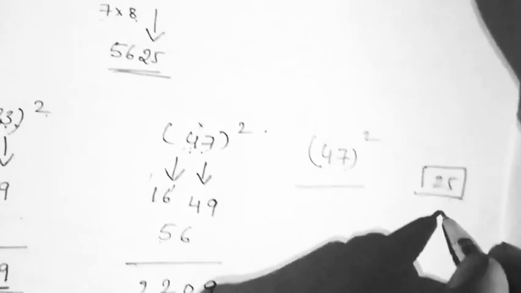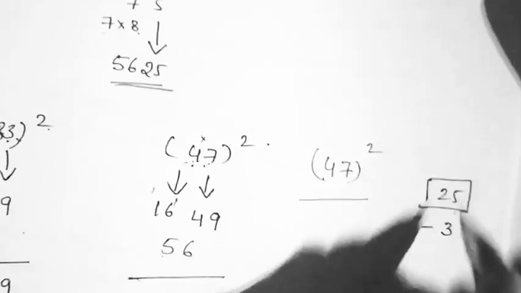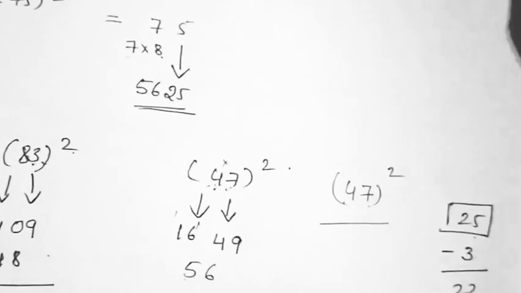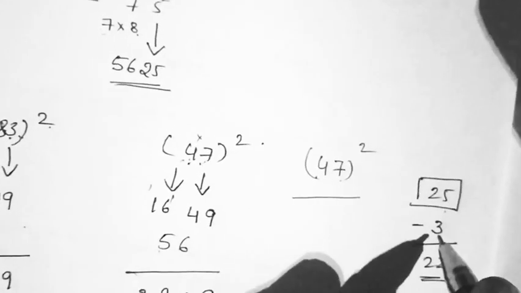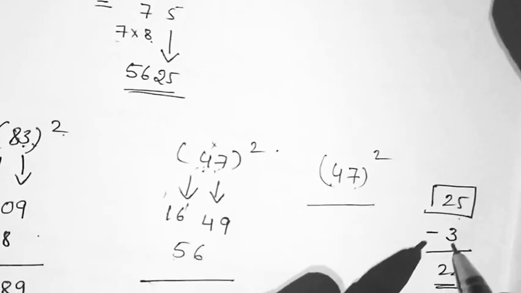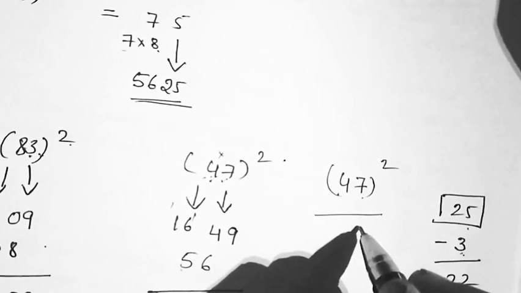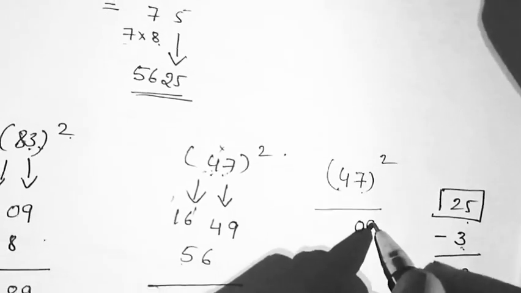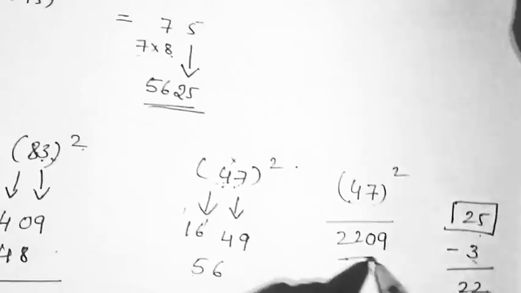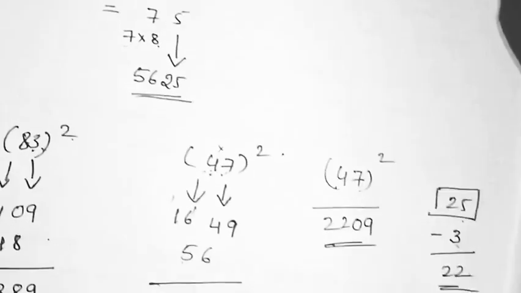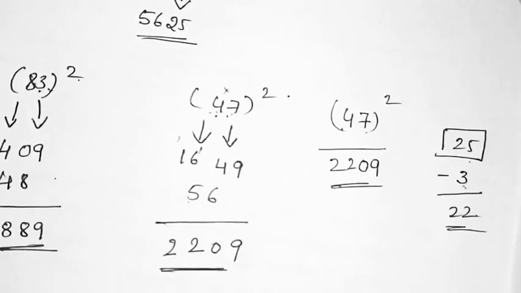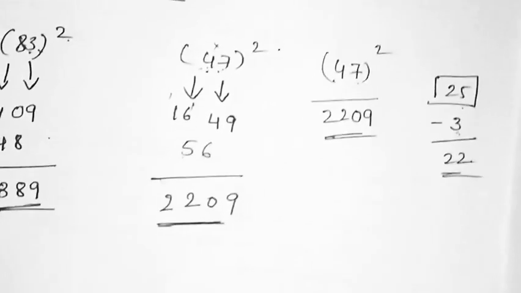So we write 3 here. 25 minus 3 is 22. Now 47 is 3 lesser than 50, so 3 into 3 is 9. So 2209. This is also a one step method to get it, which is nearby 50. So it's an easy way of getting the answer.